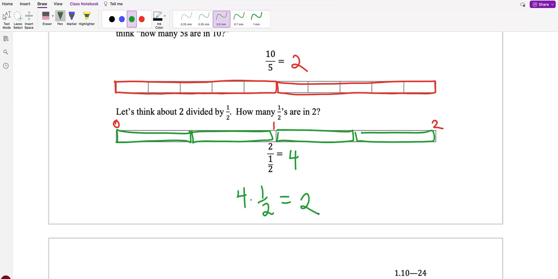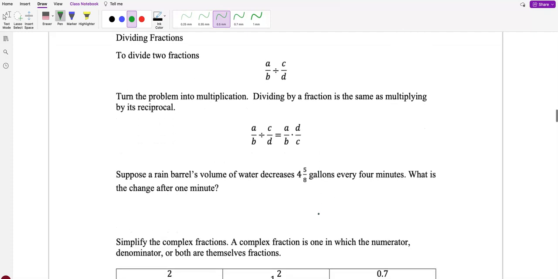Now, the important thing is when we're dividing by a fraction, a over b divided by c over d. So the easiest way to remember this is when you're dividing, turn it into multiplication. Dividing by a fraction is the same as multiplying by its reciprocal.